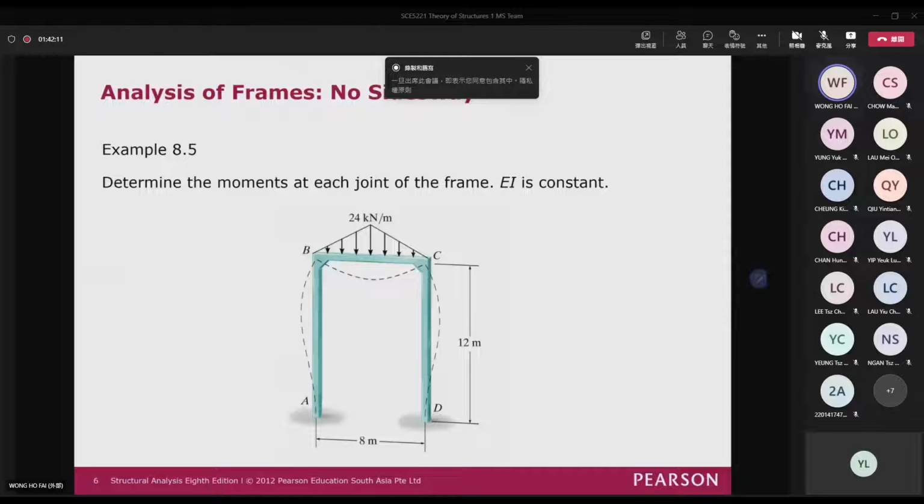So again, you can write down the member end moments MAB, MBA, MBC, MCB, MCD, and MDC for these frame structures. It is just like a continuous beam, just like what we have done before. So they are quite similar.